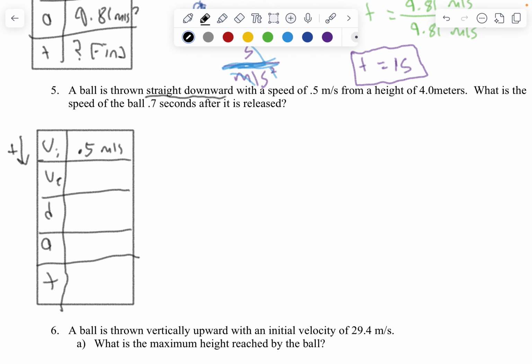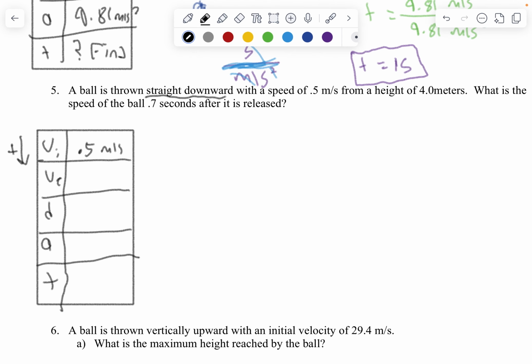Remember that vertical and horizontal motion in physics is independent. And so, since we're looking at vertical motion, and you do the same with horizontal motion, we need to say which way is positive and which way is negative. Often I like to say that the first direction we're looking at is positive, so I'm going to say downwards is positive.